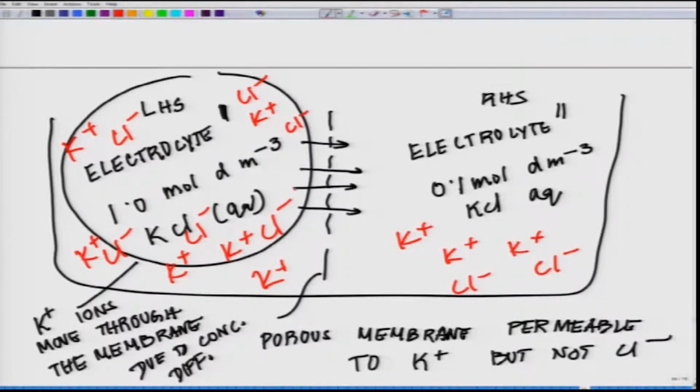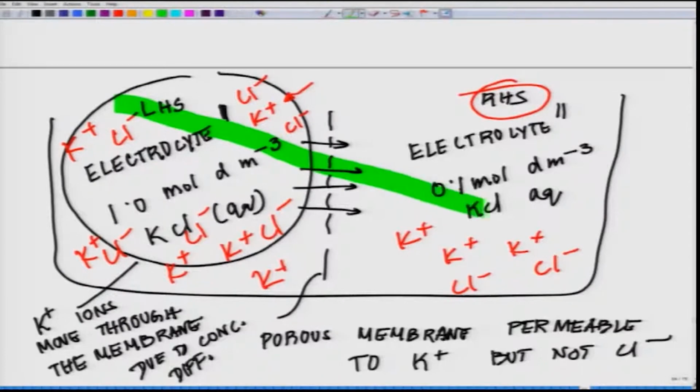Now, based on the gradient, say, for example, I have 100 ions of potassium on this side and 50 ions of potassium on the right hand side. Automatically, the flow will be in this direction by the gradient difference. So, potassium ions will try to migrate from the left hand side to the right hand side.